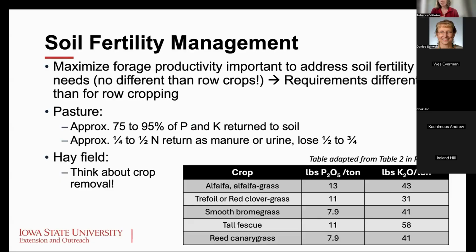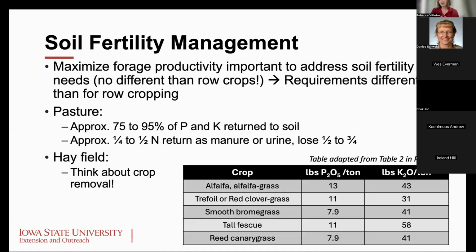One of the things, especially in a pasture setting where we're grazing our pastures, is that the cattle are eating that forage, but they're also putting stuff back out there. We know that approximately 75 to 95% of the P and the K does get returned to the soil with the manure, and about a quarter to maybe half of the nitrogen is going to get returned either in the manure or in their urine.